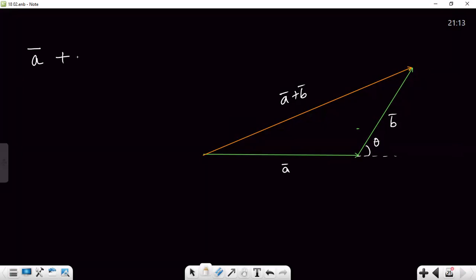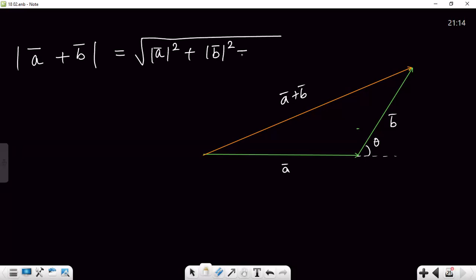We know that the magnitude of A vector plus B vector will be given by A vector's magnitude whole square plus B vector's magnitude whole square plus 2 into A vector magnitude into B vector magnitude into cosine of theta. I'm going to explain and prove how this formula is derived later, when we discuss the scalar product of two vectors.